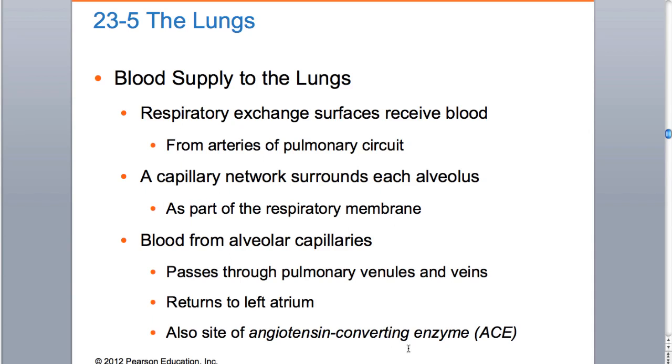Now, we said renin, we said angiotensin, and we said aldosterone. Well, what converts angiotensin from one form to another? And that's the angiotensin converting enzyme. It converts it from angiotensin 1 to angiotensin 2. And that's done here by way of ACE. Next slide.